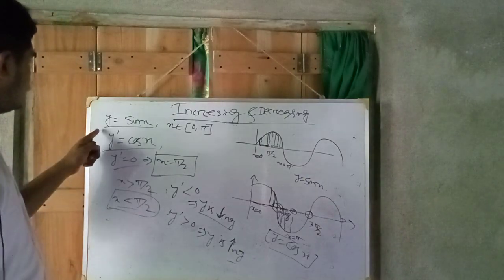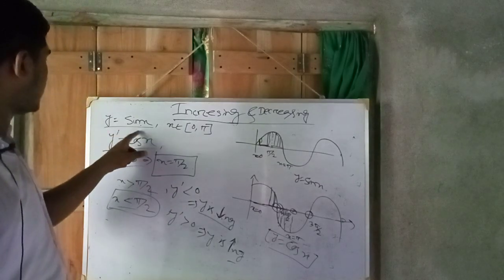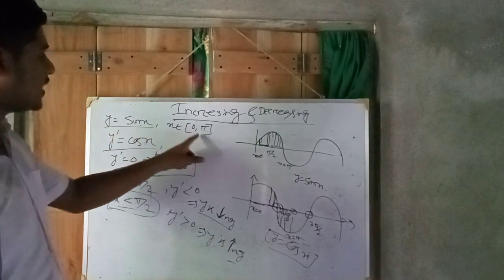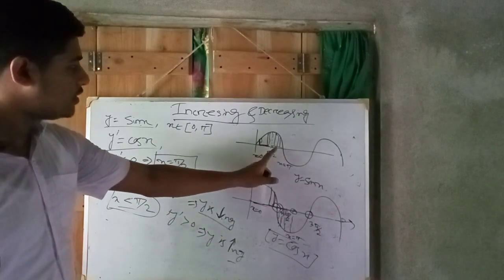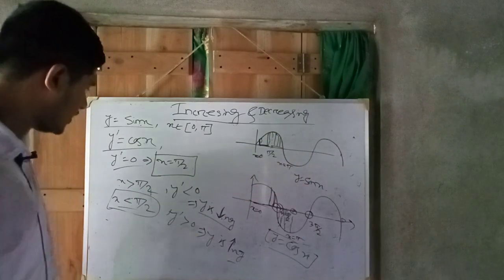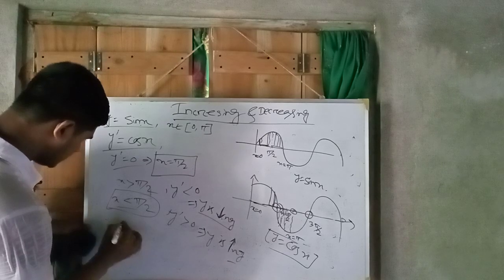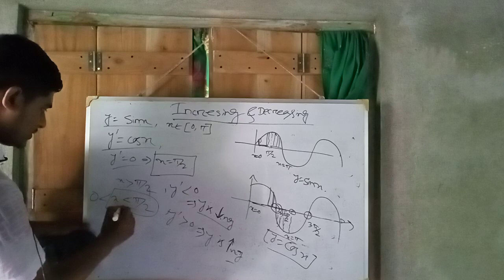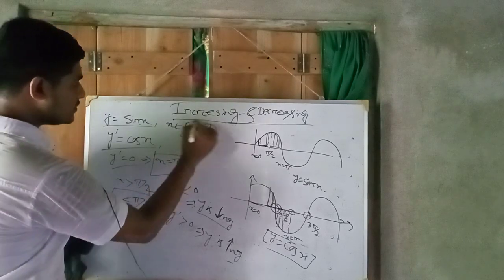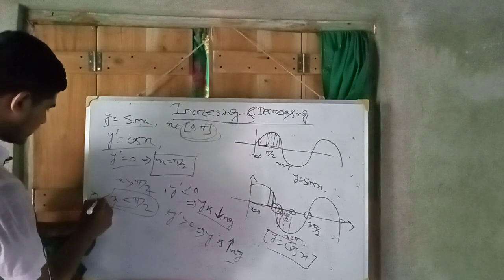So from 0 to pi, the function y equals sin x is increasing from 0 to pi by 2 and decreasing from pi by 2 to pi. Here x is less than pi by 2, but the interval starts from 0, so the minimum position of x could be less than 0.